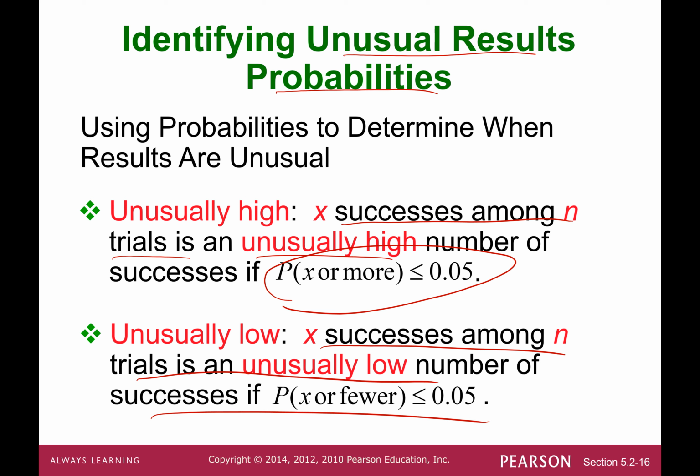For example, let's flip a coin 1,000 times. You're getting 990 heads. So if you're betting on heads, this 990 heads will be unusually high, and also the probability of x is small.